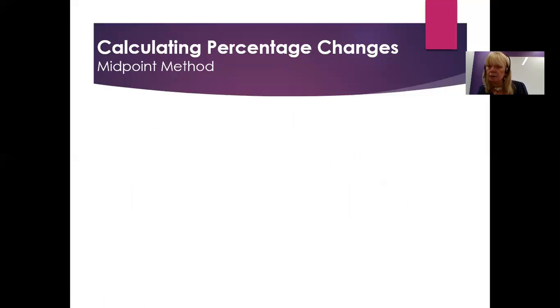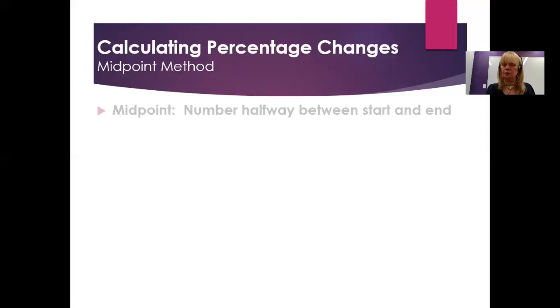And this, by the way, is how we're always going to calculate percentage change in price or quantity for all of our elasticity problems. It goes like this. Instead of dividing by the starting value, we're going to divide by a number halfway between the starting value and the ending value. We're going to split the difference.